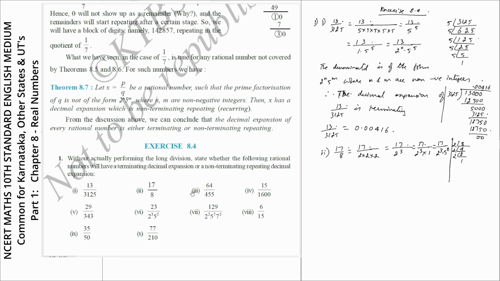Therefore, the denominator is of the form 2 power of n into 5 power of m, where n is 3 and m is 0. Both are non-negative integers. Therefore, 17 by 8 is terminating.